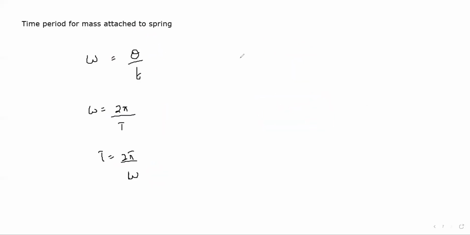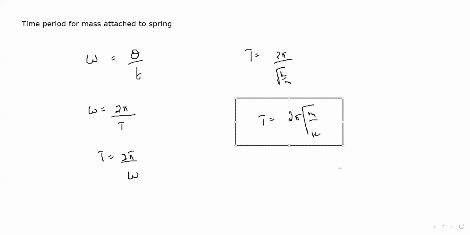So in place of omega, we can write that T is equal to 2 pi under root m divided by k. So that is the formula for finding the time period of a mass attached to a spring and performing a simple harmonic motion.